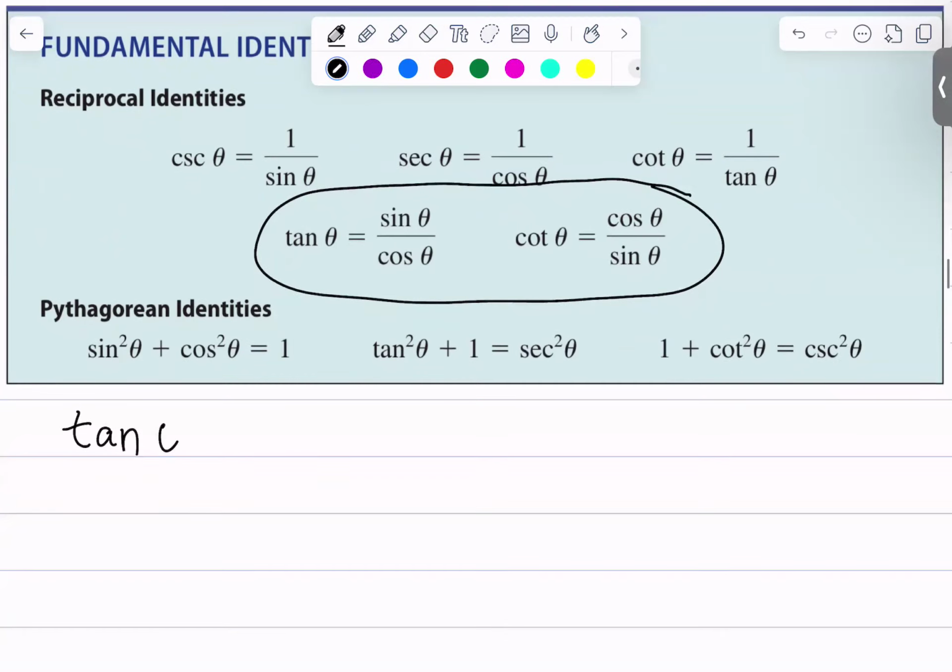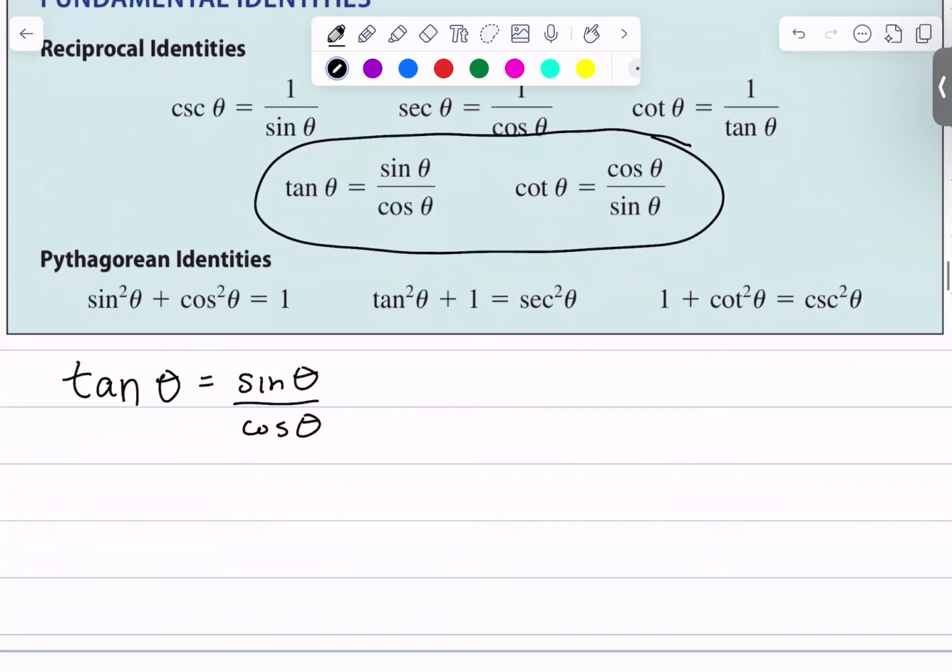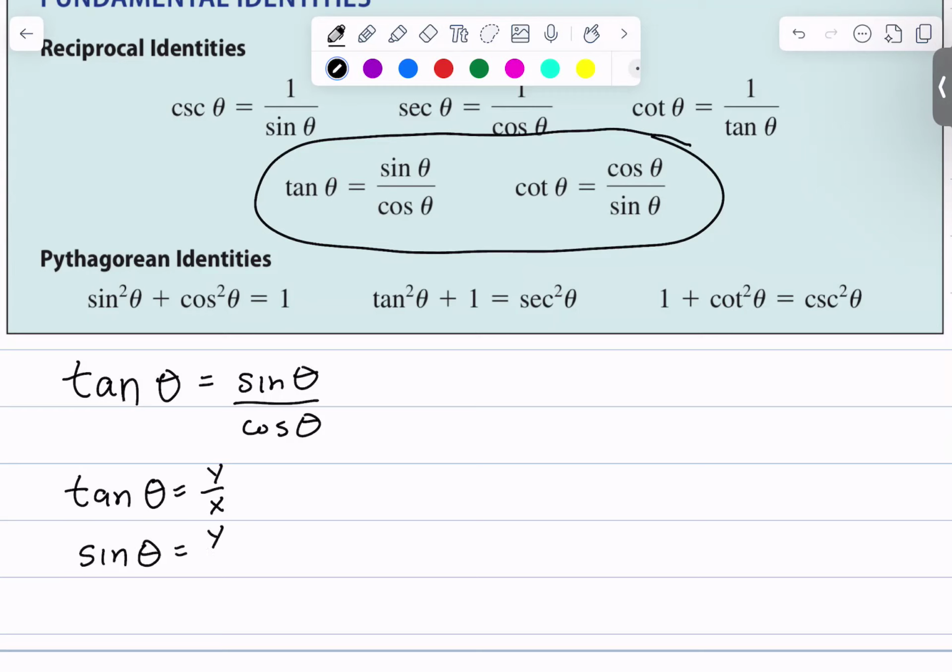Tangent of theta equals sine theta over cosine theta, right? Tangent, we know, is y over x, correct? We know sine is y over r, and cosine equals x over r, right?